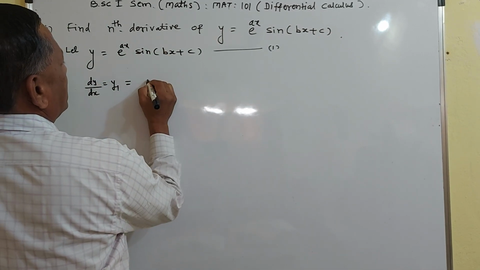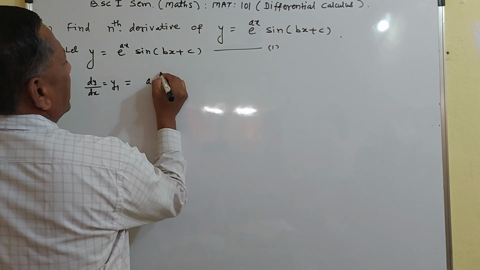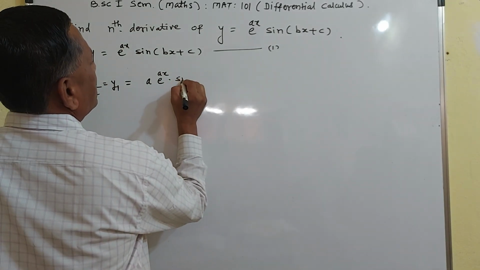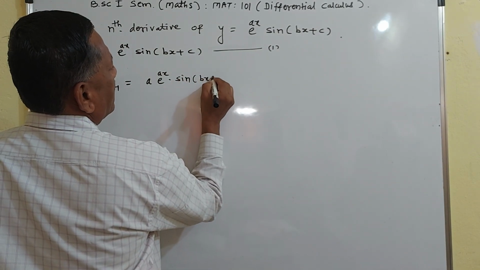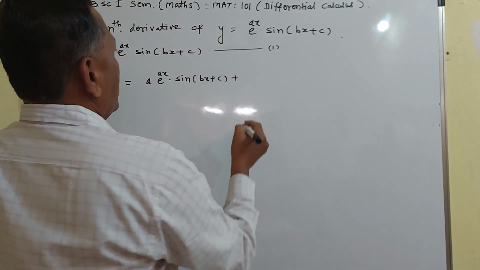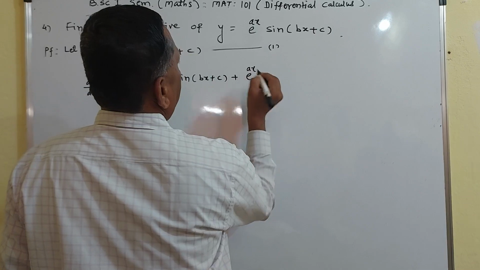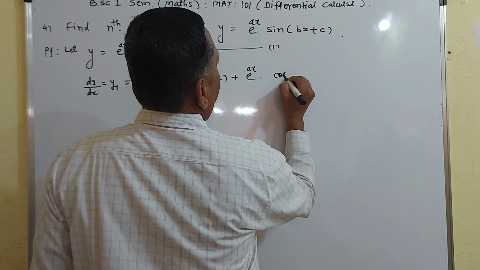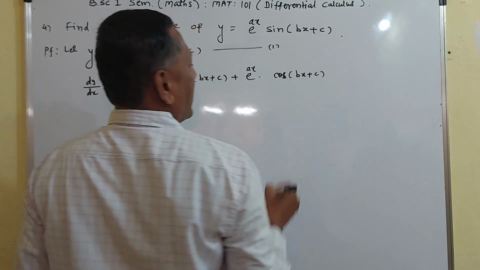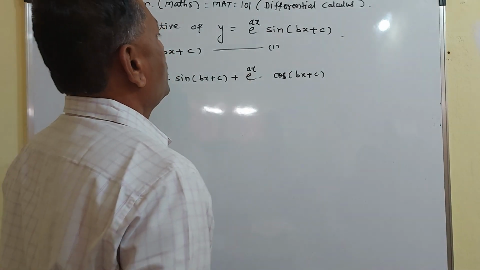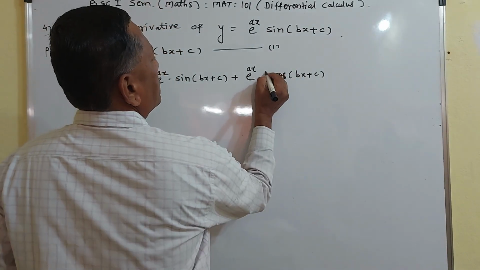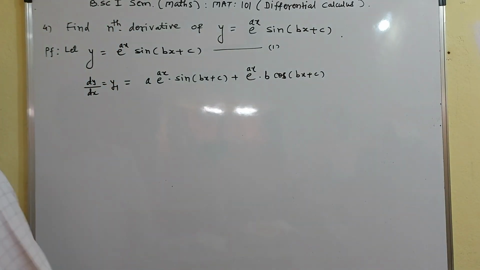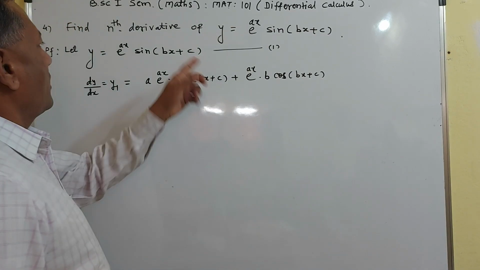Derivative of e raised to ax means e raised to ax into derivative of ax with respect to x, that is a, sine of bx plus c as it is, plus e raised to ax as it is, into derivative of sine of bx plus c, it is cos of bx plus c into derivative of bx plus c with respect to x, that is b. So this is the derivative of y is equal to e raised to ax into sine of bx plus c.